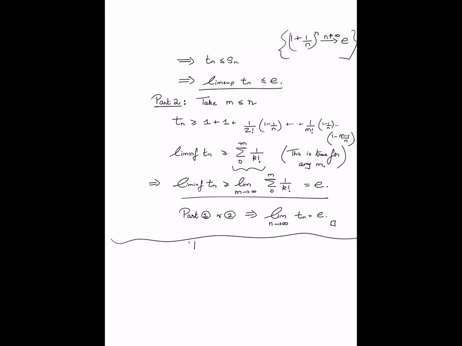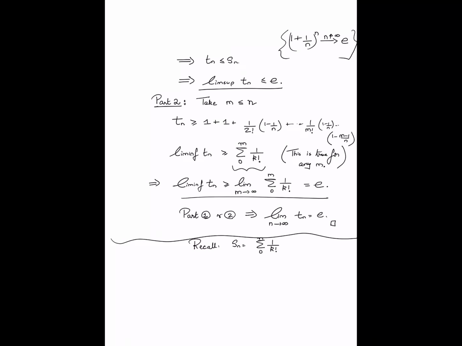So recall once again that Sn is this, summation 0 to n 1 by k factorial. This is my Sn. I want to say something about the gap between Sn and e, because remember, if e is to be computed, for example, on a computer, you can only possibly numerically do this up to a certain accuracy.